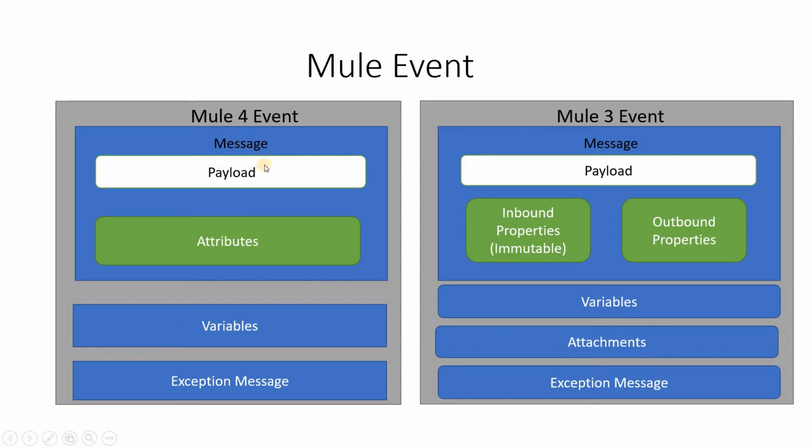So in Mule 4 the message has the payload, attributes, variables and the exception message, and in Mule 3 the message has the payload, inbound and outbound properties, variables, attachments and exception. We will go deeper in the next slide.